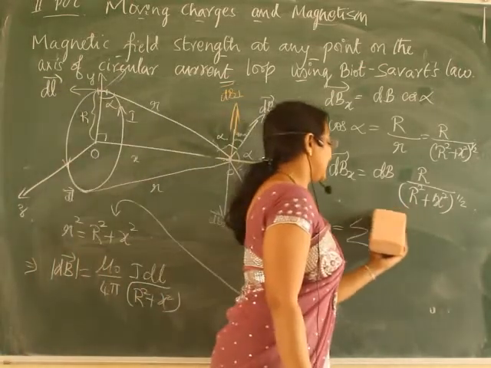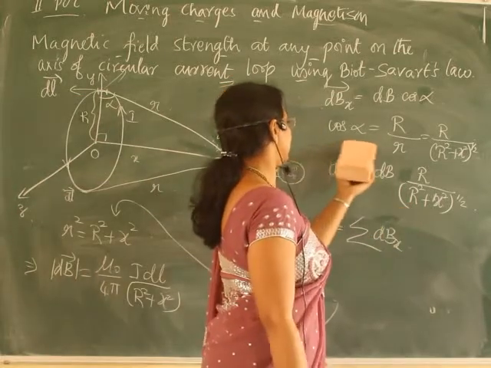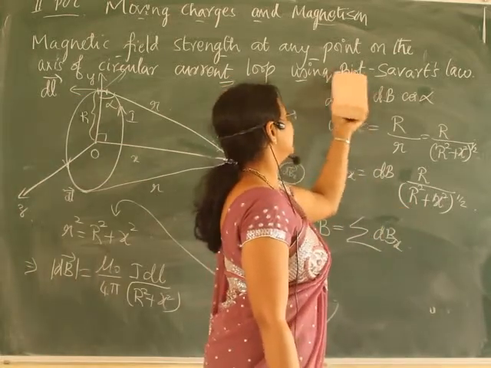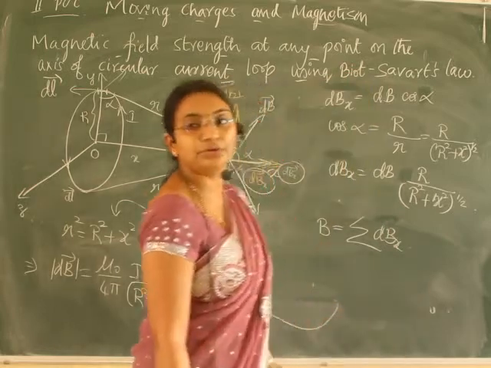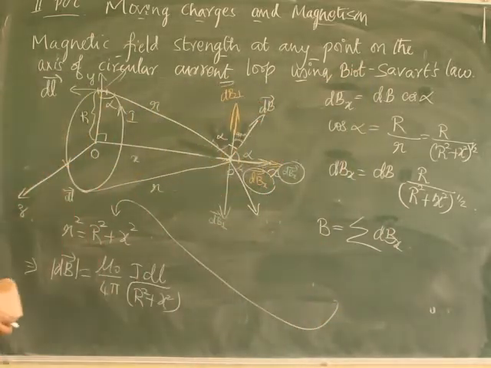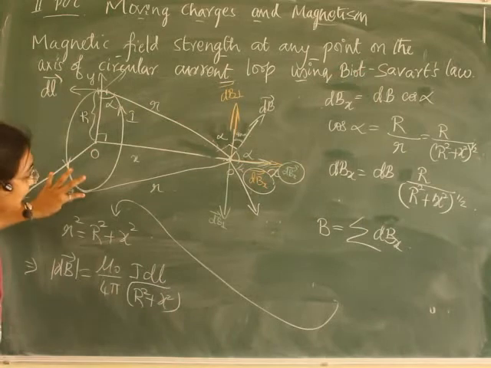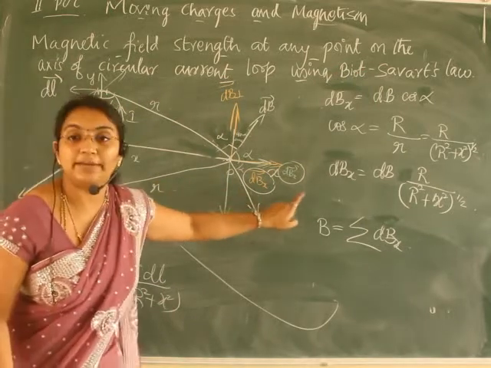If we consider the magnitude, it is only this one. Let me consider magnitude itself so that there will be no confusion for you. So what we have done, look here, due to the 2 elements, it is 2 dBx.